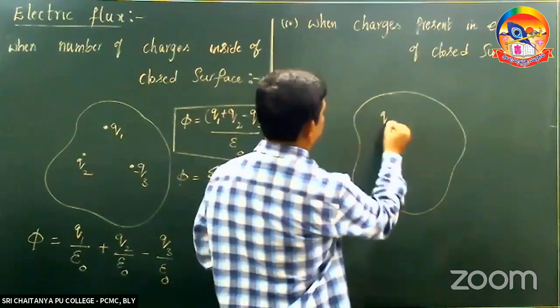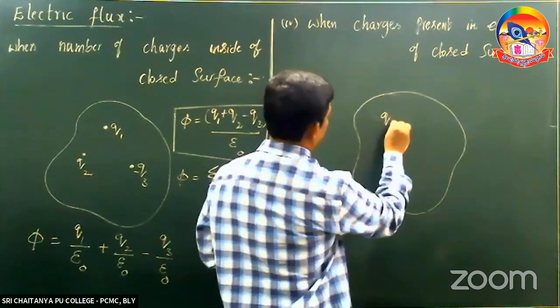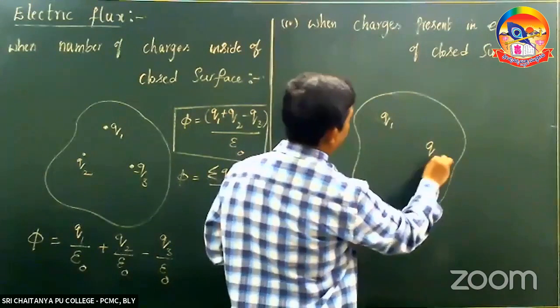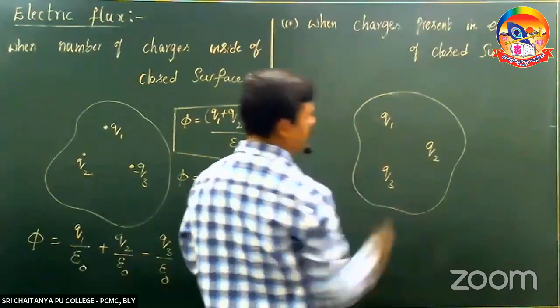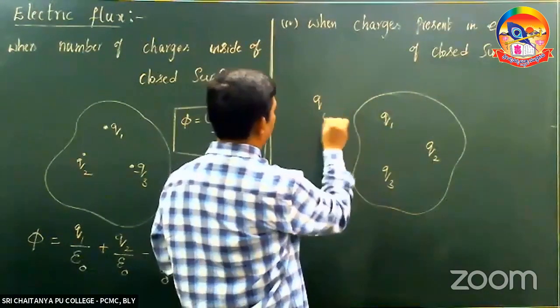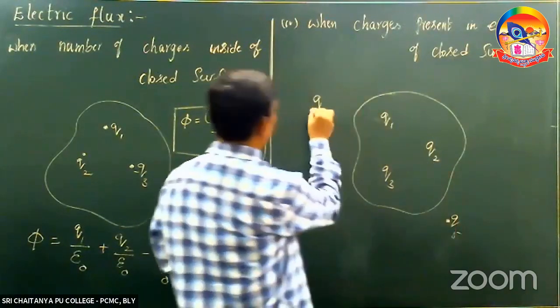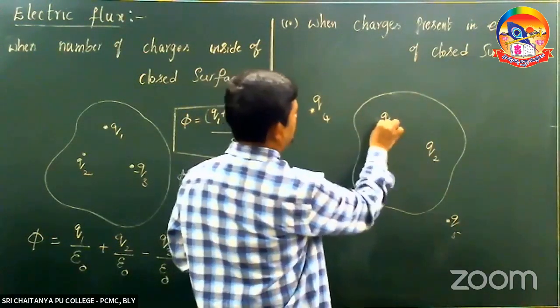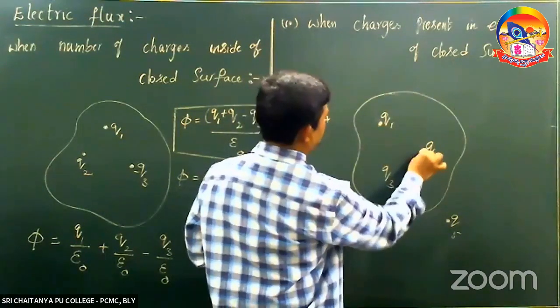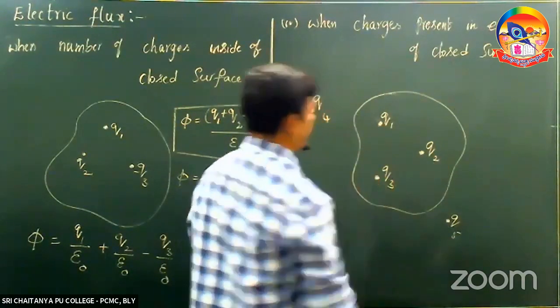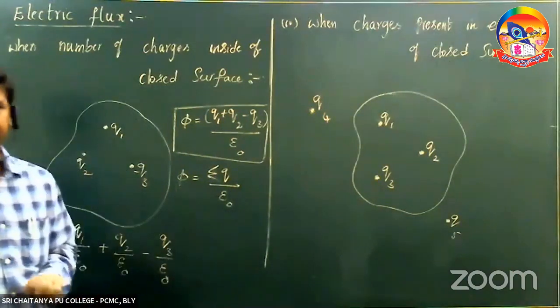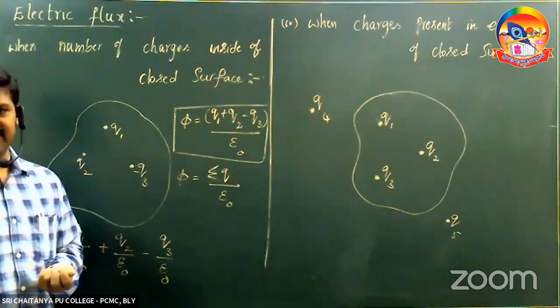I'm taking some charges: Q1, Q2, Q3, Q4, Q5. Like this, here I took 5 charges.